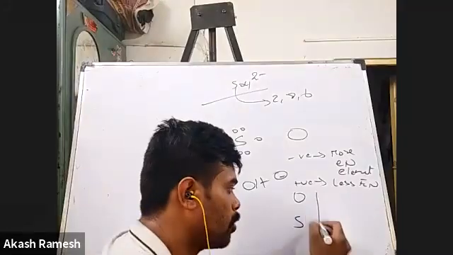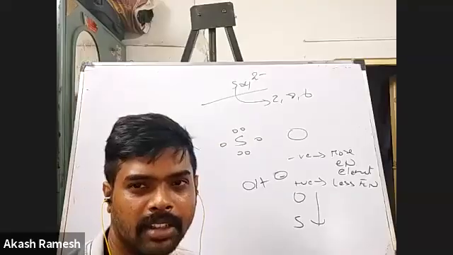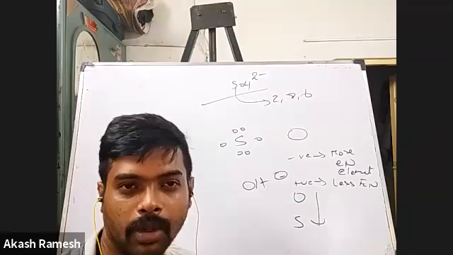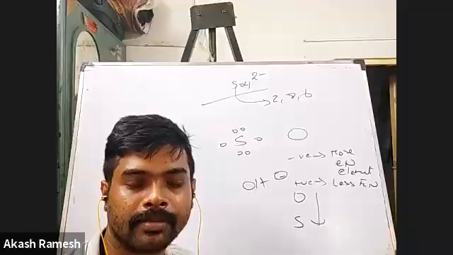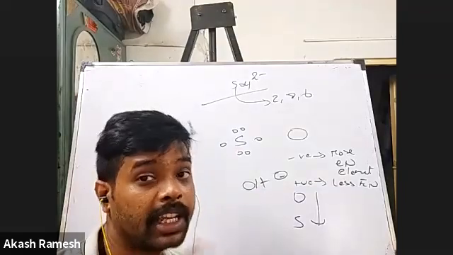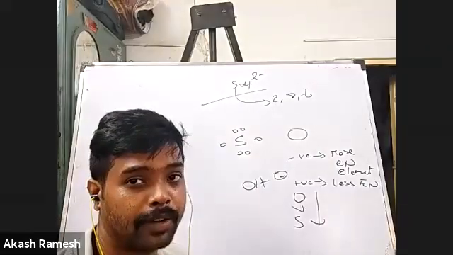Down the group, electronegativity decreases. So obviously oxygen is more electronegative than sulfur.